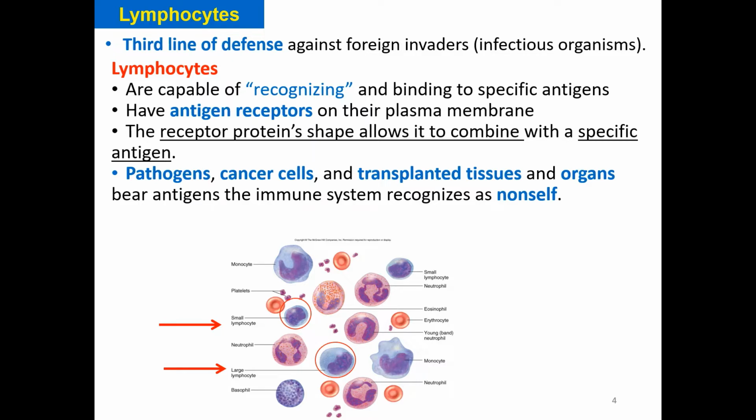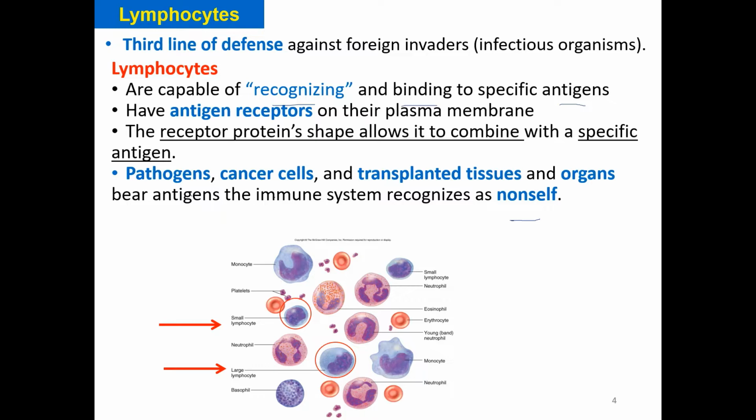The B cells and T cells under adaptive immunity are capable of recognizing and binding to a specific antigen. What is an antigen? Antigen is the pathogen, the cancer cells, the transplanted tissue, and the organ that bear antigens that our immune system recognizes as non-self.